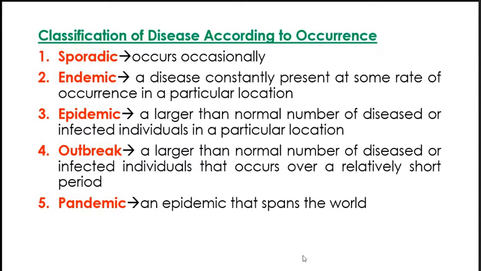Ano yung factor that would contribute to the endemicity of an infection or an endemicity of a disease? Marie Dane? Po, ma'am? Ano yung factor na magko-contribute sa endemicity ng disease? Parang sabi mo, parang example mo kanina is dengue.